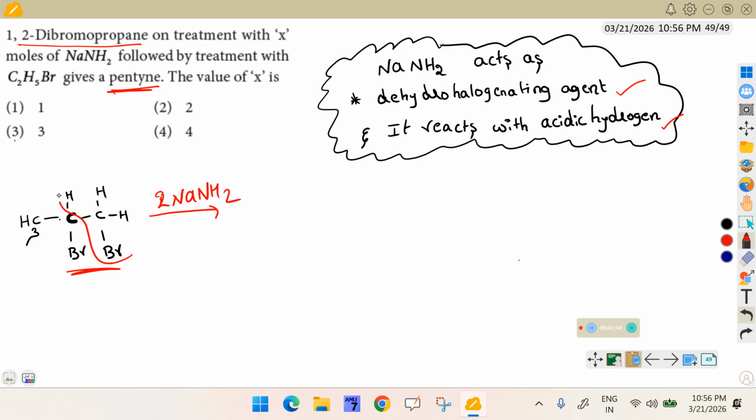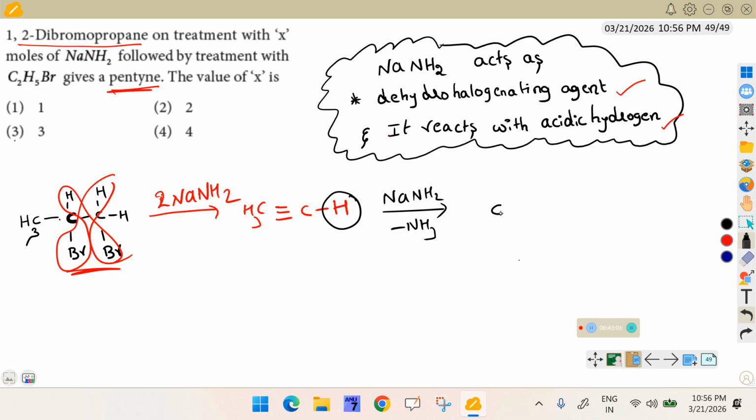Dehydrohalogenation takes place 2 times, then it gives CH3-C triple bond CH. Acidic hydrogen is present. Again use NaNH2, ammonia gas is eliminated and it is converted to CH3-C triple bond C-Na+.